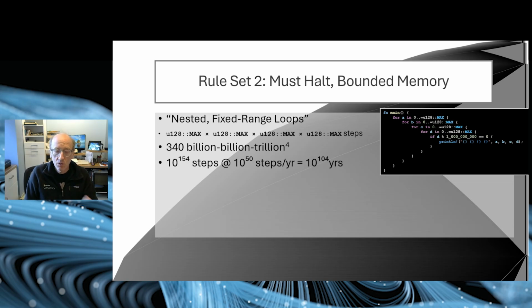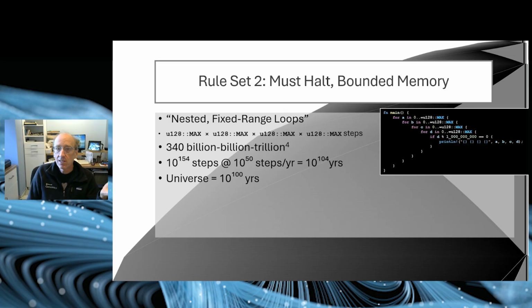And if we assumed we had a computer that could run as fast as the theoretically fastest computer, one that can take 1 step in each Planck time unit, that computer could run at 10 to the 50th steps per year. If we put that together, then this program would take 10 to the 104 years to finish running.